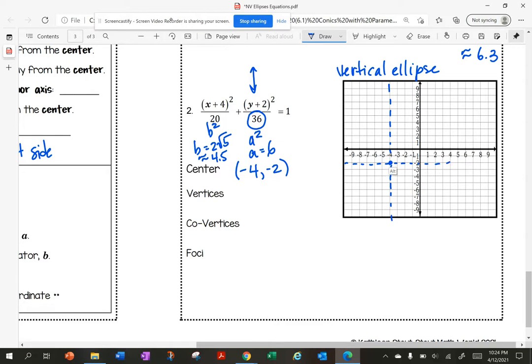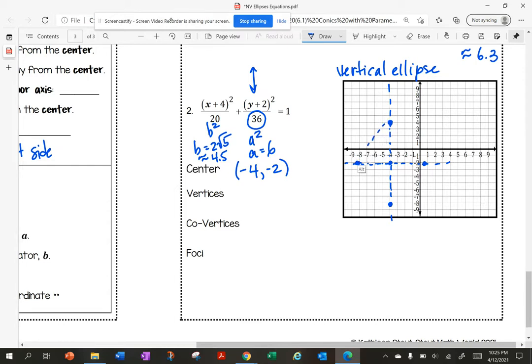So my major axis A is plus or minus 6. 1, 2, 3, 4, 5, 6. 1, 2, 3, 4, 5, 6. B is approximately 4.5. 1, 2, 3, 4.5. And 1, 2, 3, 4.5.